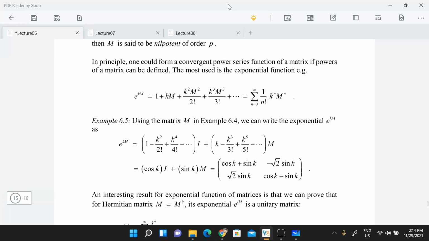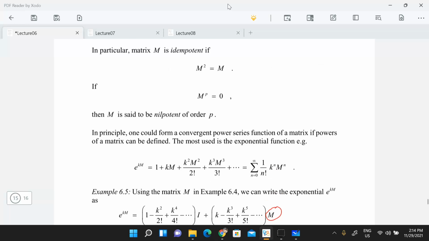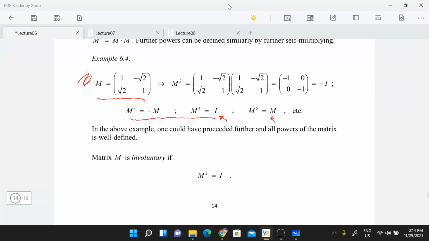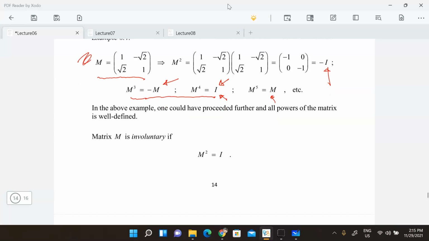Okay, so your matrices can be either your m. Okay, if you look at the expansion, or the powers before this, so you have m itself, m squared gives you minus I, m cubed gives you minus m, and m to the 4th gives you I. So it's either I or m.